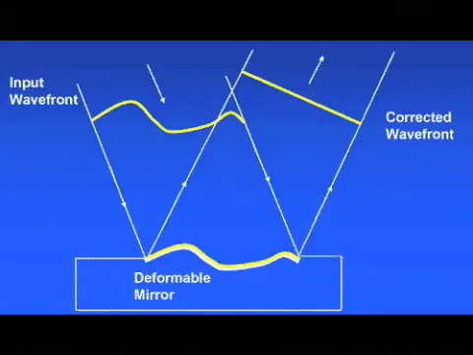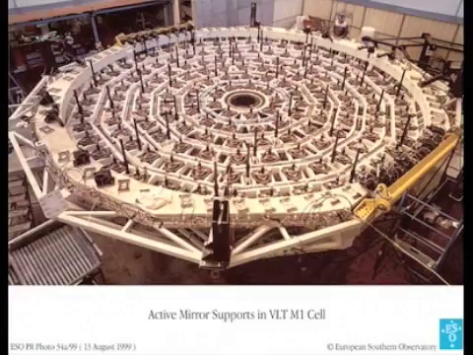And usually this works by using a laser and shooting a laser up into the sky and observing that through the atmosphere and seeing how that perfect laser image is distorted, and using the information from that several hundred times per second to adjust the mirror. The mirrors that do this have what are called actuators behind them. This is showing you a picture of the actuators on which a giant mirror is going to be placed.